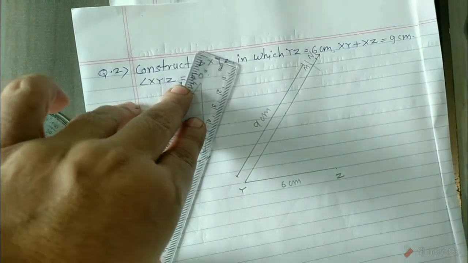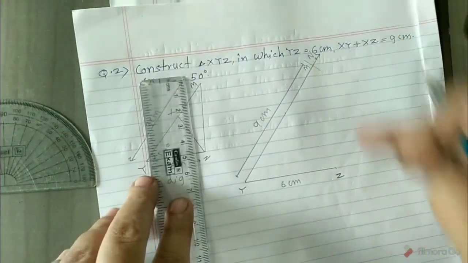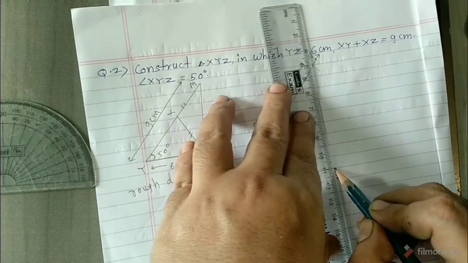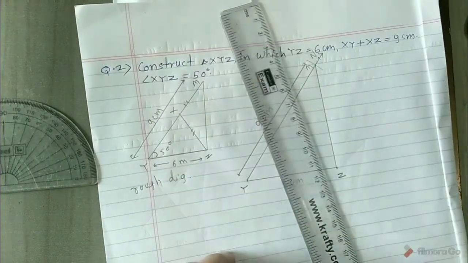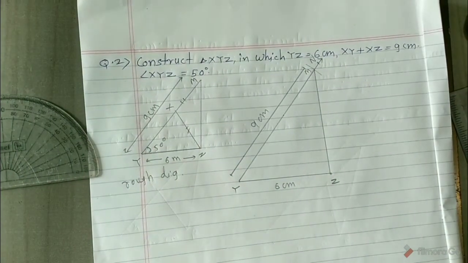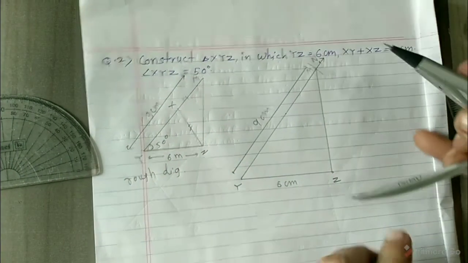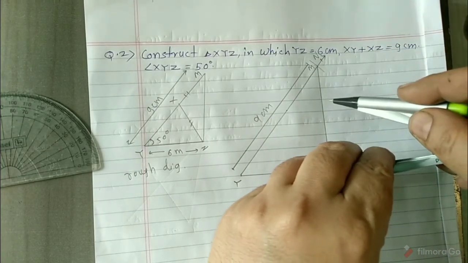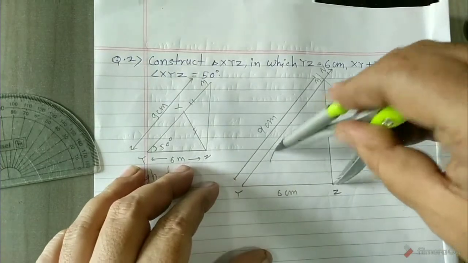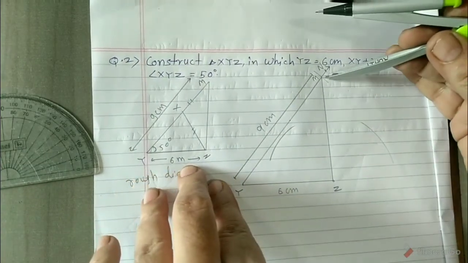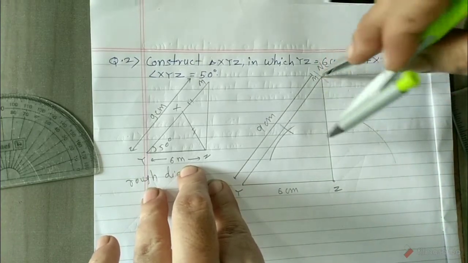Okay, then we join MZ. Then draw a perpendicular bisector of this MZ. So we take more than half as the distance and mark arcs below and above, here also.